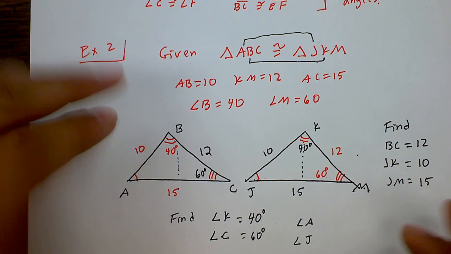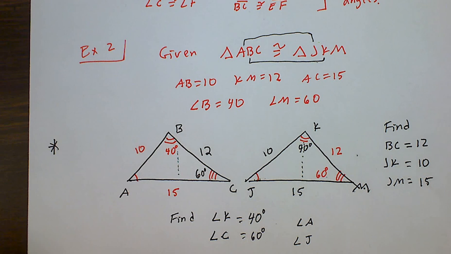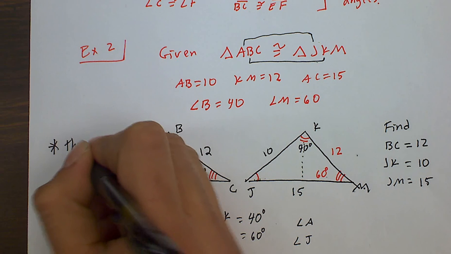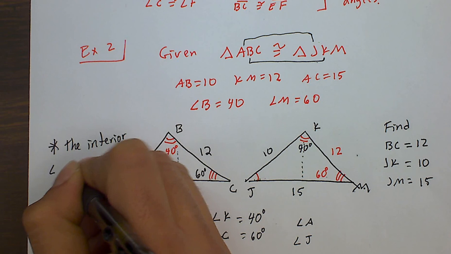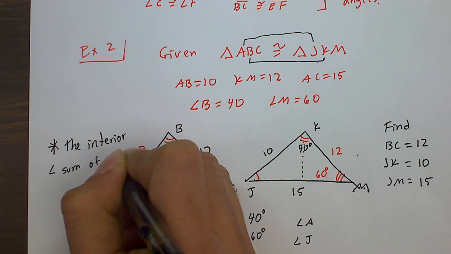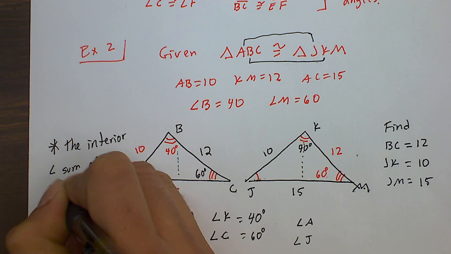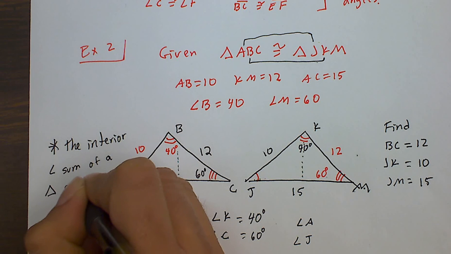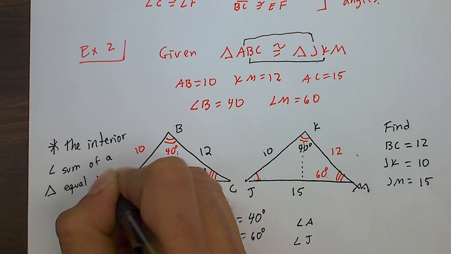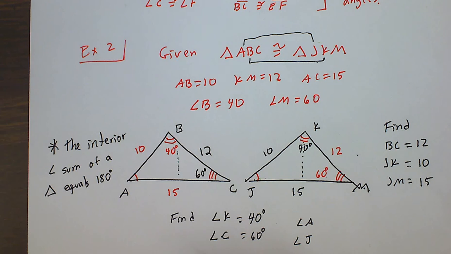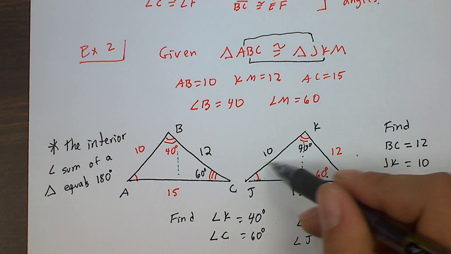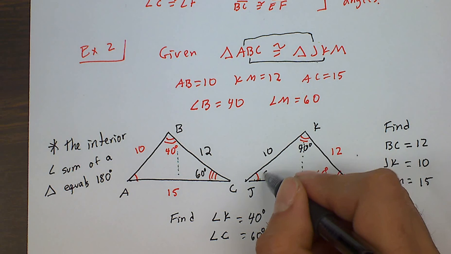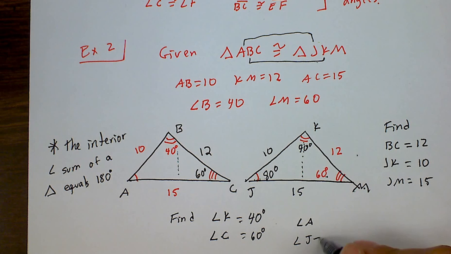Because, you may want to write this down somewhere, remember that the interior angle sum of a triangle equals 180 degrees. So if these two are 60 and 40, that gives you 100. So 180 minus 100 is going to give you 80 degrees. So we know angle J is 80 degrees.